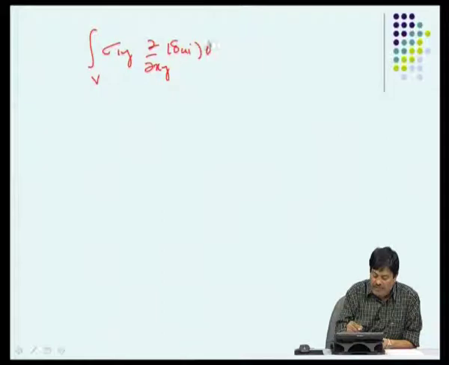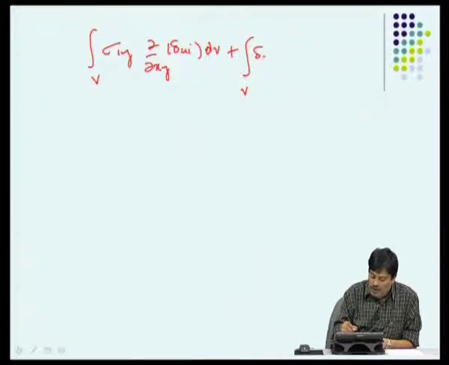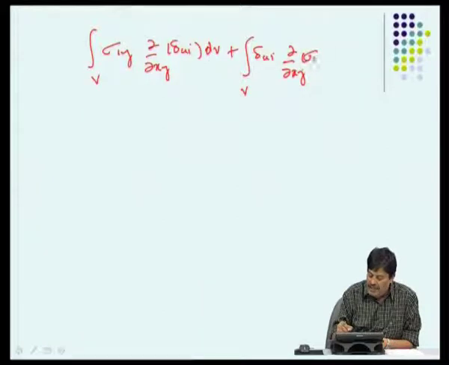So, when I do that, I can write it as integral over the volume sigma ij into d by dxj into delta Ui into dV, plus integral over the volume of delta Ui into d by dxj of sigma ij into dV, plus integral over the volume of Bi into delta Ui.